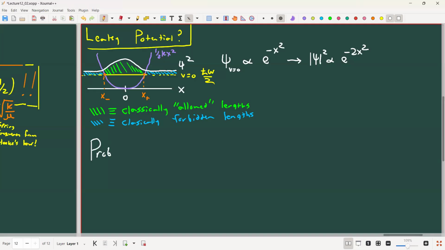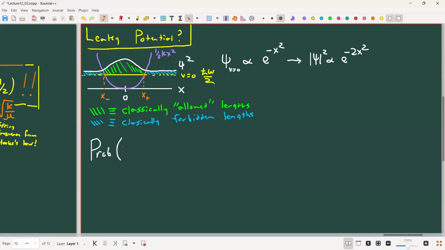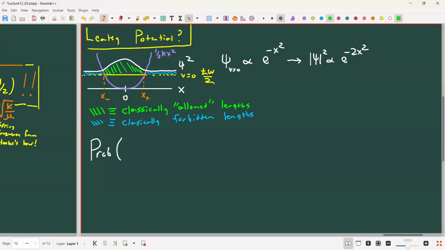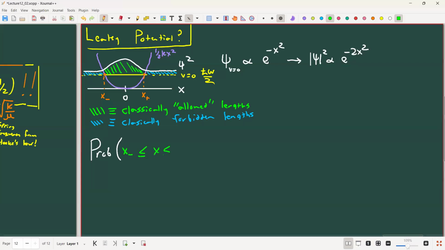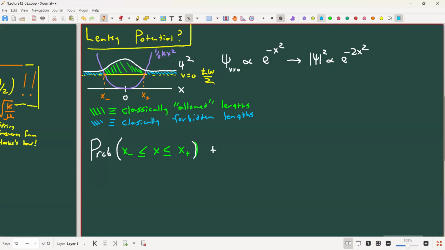What we want to do is calculate the probability that the bond length. We'll actually do it like this. First we'll think of the region in the center. Those are bond lengths between x minus and x plus. So that's the green region. And then there's the region that's in blue.